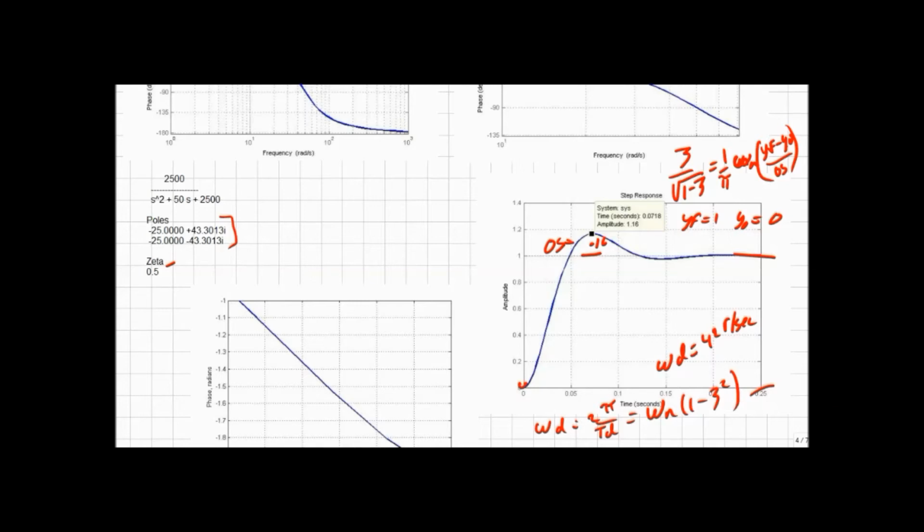I can chug this all through, and if I solve this equation for zeta, I'm not going to write it out here. I'll let you see that. So I end up with a zeta equals 0.504, which is pretty darn good.